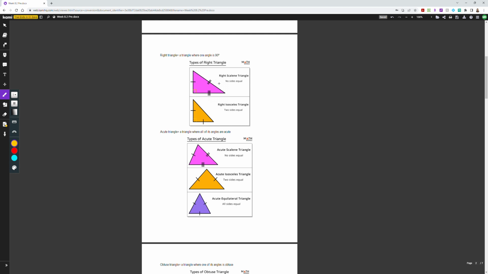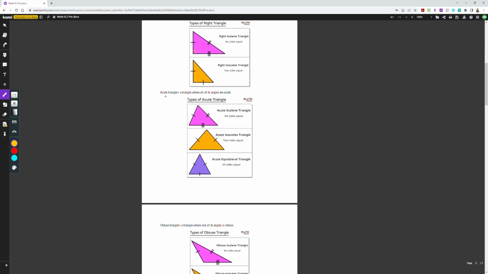We have a right scalene triangle where none of the sides are equal, and we could also have a right isosceles triangle because two of the sides are equal, just like this. Next week when we get into right triangles, we're going to see the properties of a 30, 60, 90 triangle and a 45, 45, 90 degree triangle.